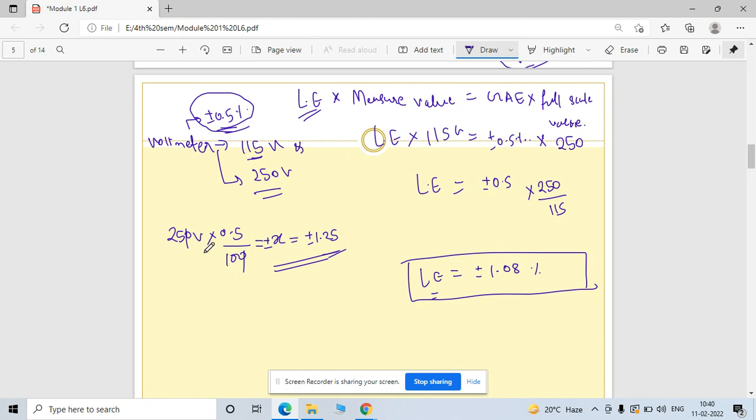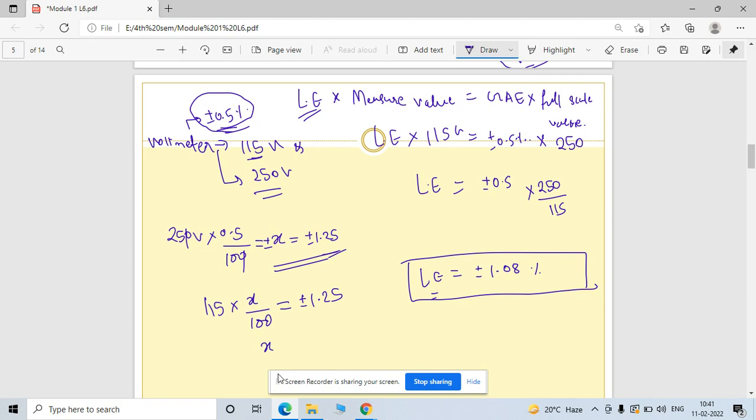So in this way, you can also find out this percentage limiting error by this second method. You can solve it like this also. So this is your 115 volt. You got some percentage error here, and the maximum deviation you have for this meter is plus minus 1.25.